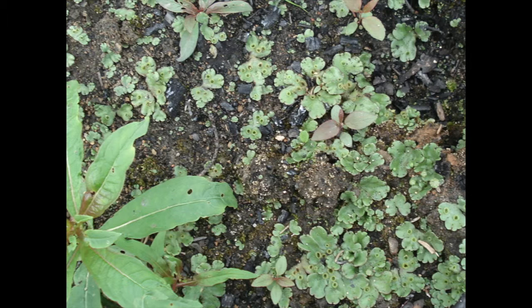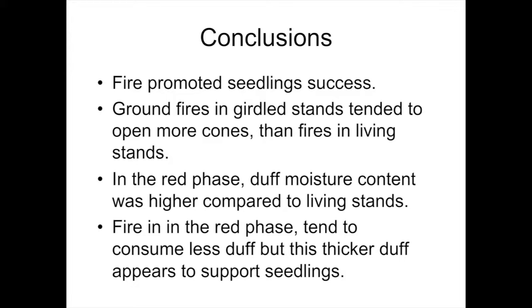So it's wetter, but it burns with a lot more surface fuels over top of the duff. So fire-promoted seedlings, that's good. And fire in the red phase tends to consume less duff, but the thicker duff appears to support seedlings.